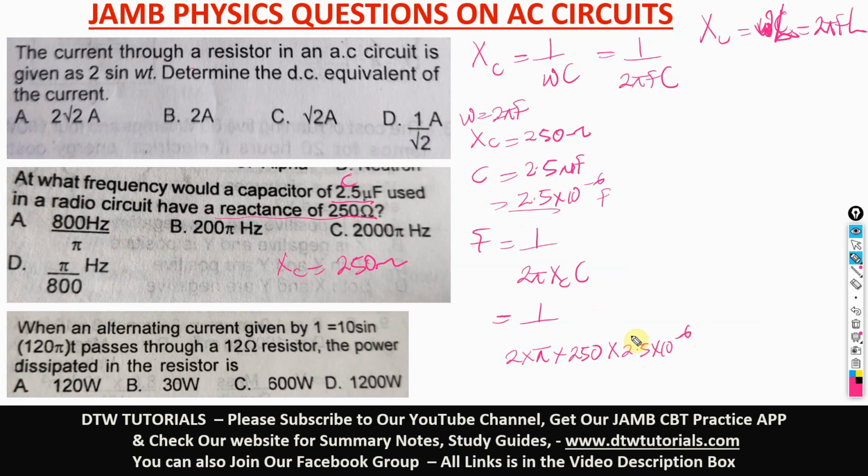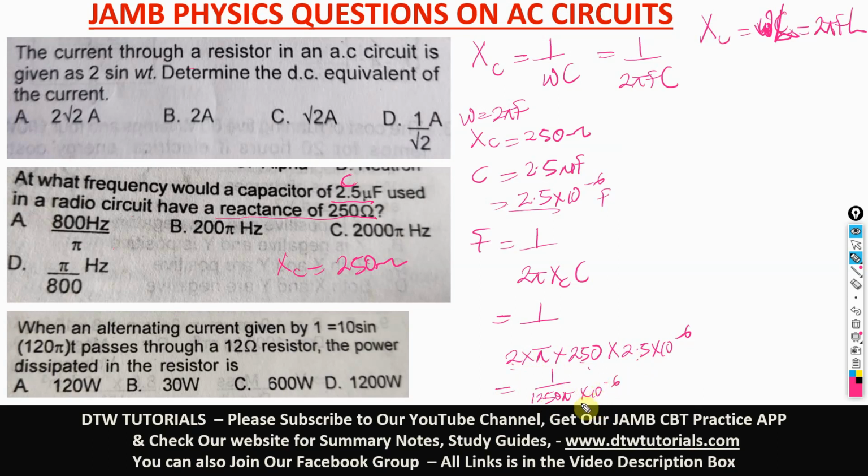Now we have to resolve this. We can quickly multiply all these values here: 2 times 250 times 2.5. You can use the calculator there, that's why they kept that simple calculator. Make use of it. So 2 times this will give us 1 over 1250 pi times 10 raised to the power minus 6.